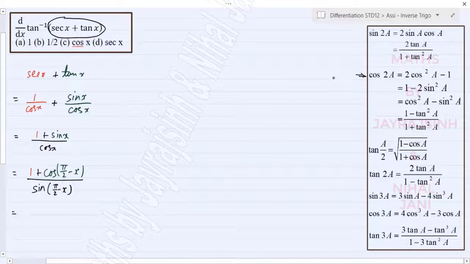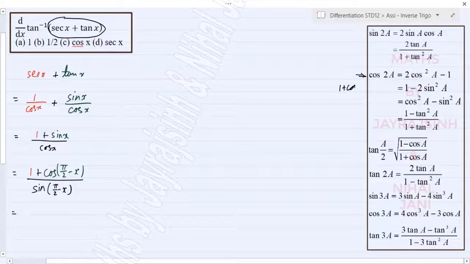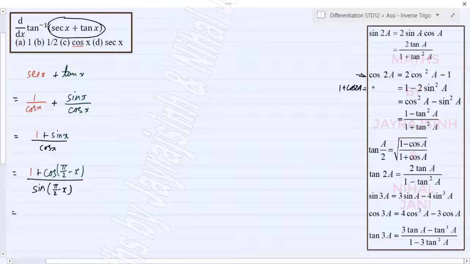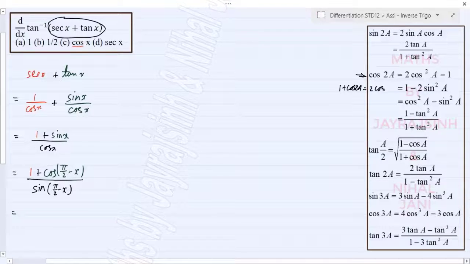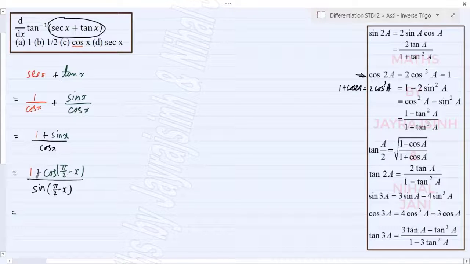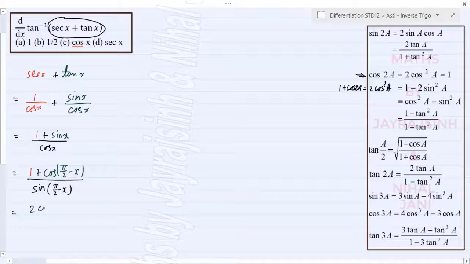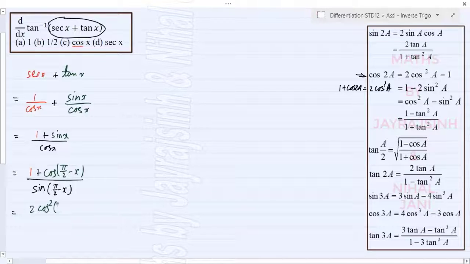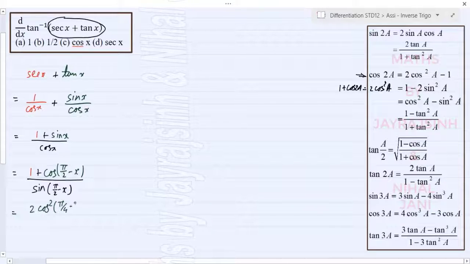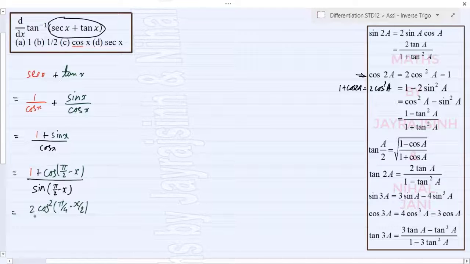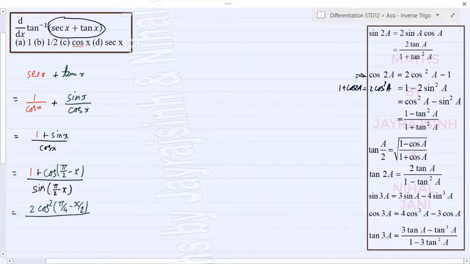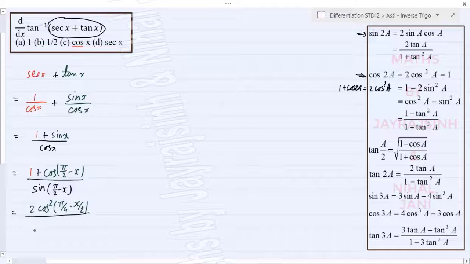Using the formula of cos 2a, 1 plus cos 2a is equal to 2 cos square a. So let's use the formula in the numerator. We will get 2 cos square of half the angle, or we can say pi by 4 minus x by 2. And in the denominator, we can apply the formula of sin 2a.